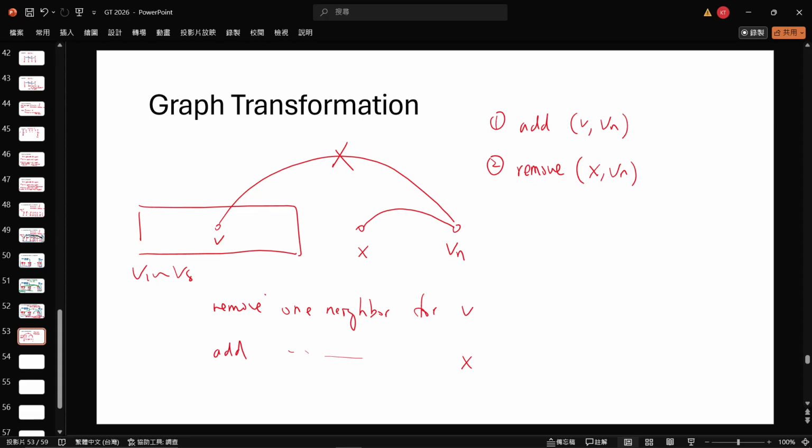So basically, the vertices in this red box have the highest degrees in the whole graph, and vertices outside this box have fewer degrees. And what is degree? Degree is just the number of neighbors. So vertices in this red box have more neighbors, and vertices outside the box have fewer neighbors. That's the hint.